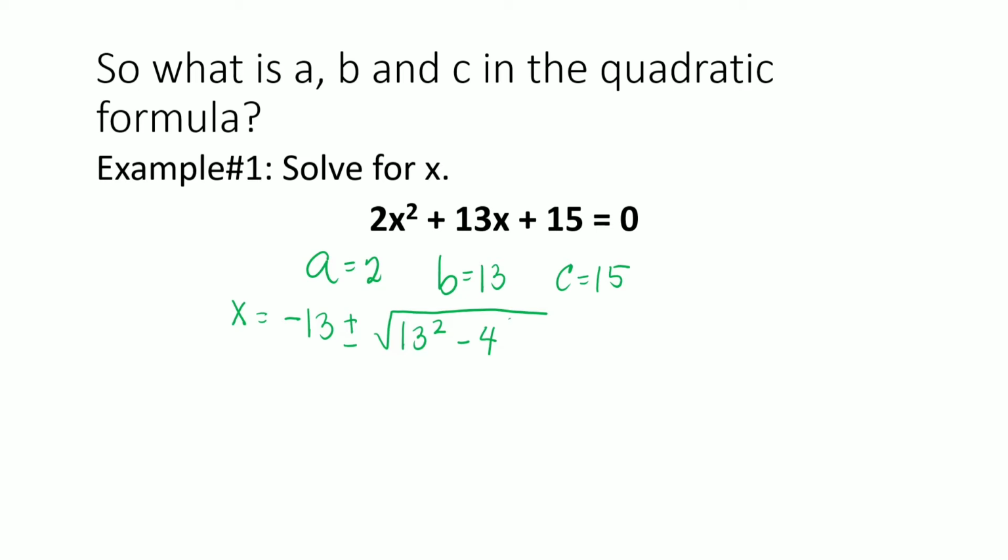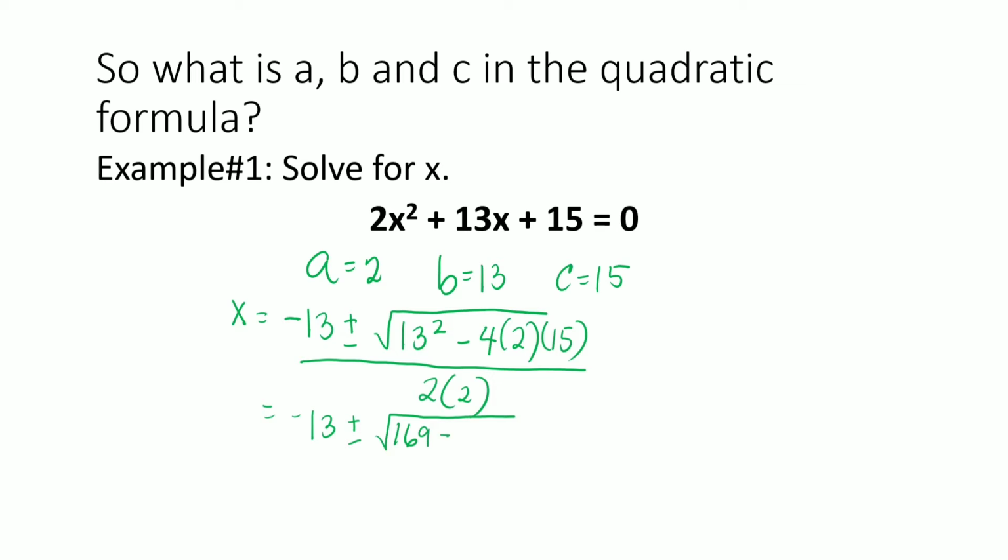So that's 4 times 2 times 15, all over 2a, which is 2 times 2. So negative 13 plus minus the square root of 13 squared is 169. Now 4 times 2 times 15 is 120, all over 2 times 2, which is 4.